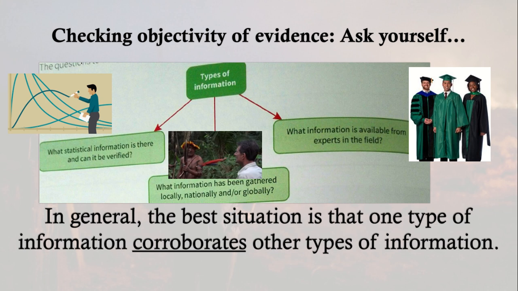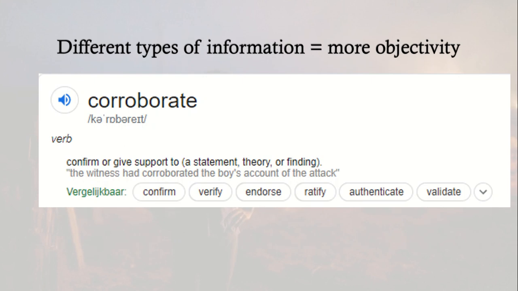Having only one type of information in a source might be a liability for the objectivity, so it might be downplaying the objectivity of an article. And I'll explain why, because some of you might think that statistical data in itself is objective, but it's not. Let's have a look. Why do we need corroboration in order to have objectivity?